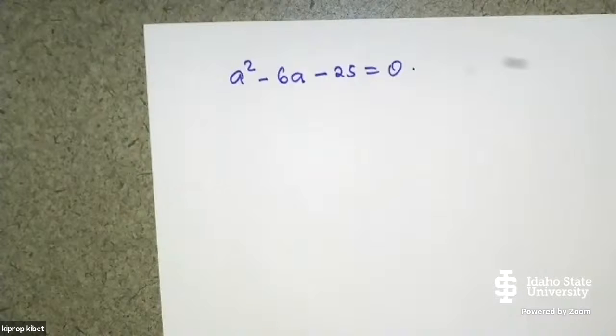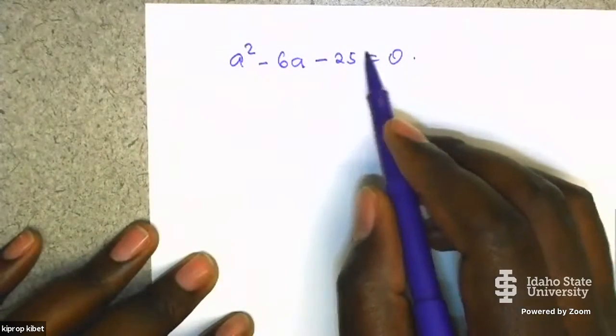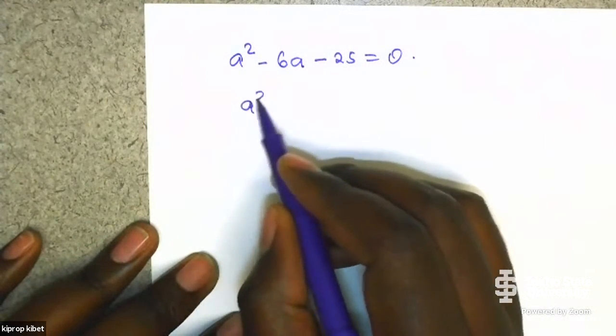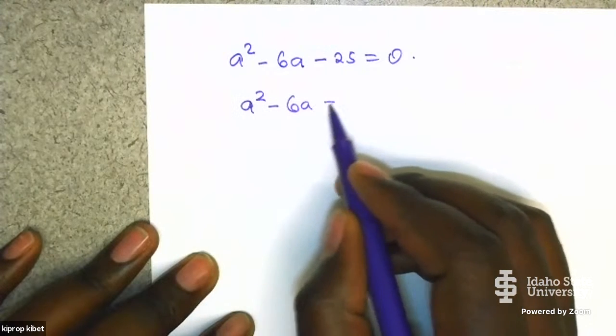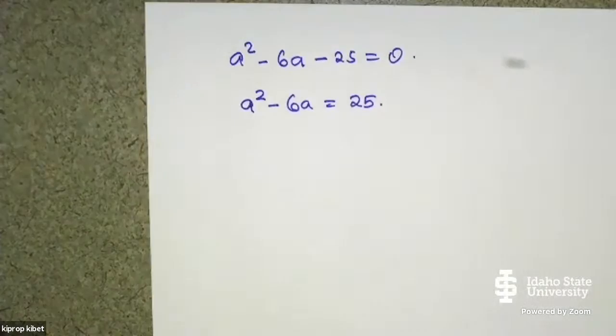So what you do is we isolate the variables and the constant. That means we take negative 25 to the other side. So a squared minus 6a equals 25. So that is the first step.